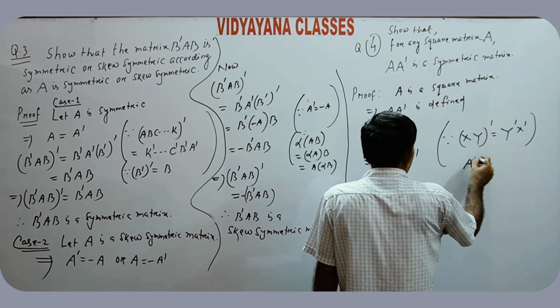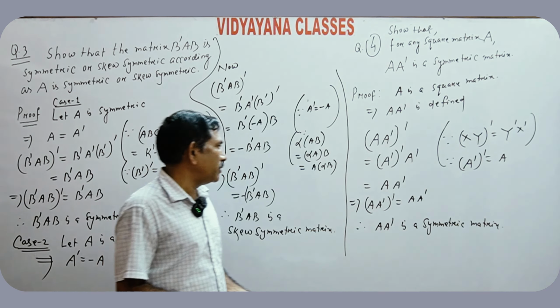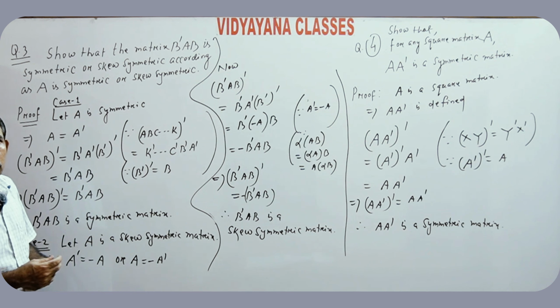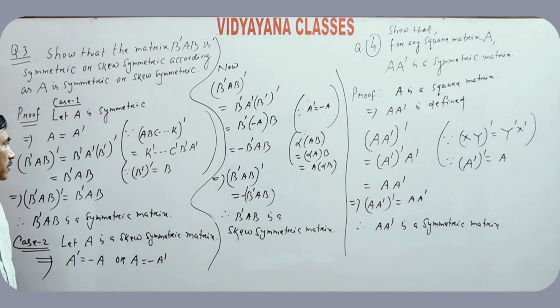Therefore, A into A transpose is a symmetric matrix, since it satisfies the definition of a symmetric matrix. Clear? Okay. Write down.